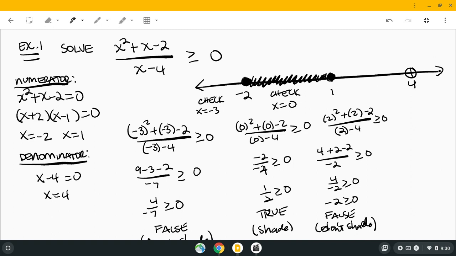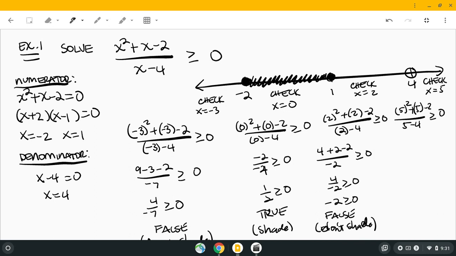All right. We need this area right here. I'll choose here. I forgot to tell you what I was checking. I checked x equals 2. All right, over here in this region, I will use 5. Let's check. 5 squared plus 5 minus 2 over 5 minus 4.